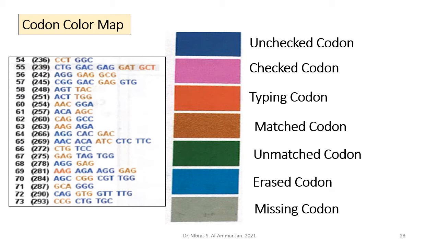If it appears in orange, that means typing codon. In brown, that means matched codon. In green, unmatched codon. In light blue, erased codon. And in gray, missing codon. Each codon will display in a different color according to the status of the typing of this codon.